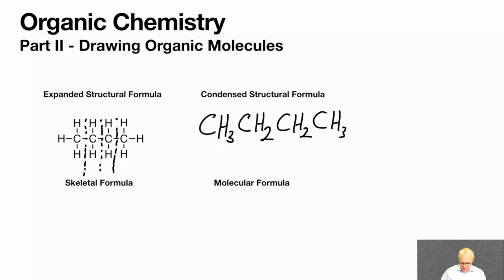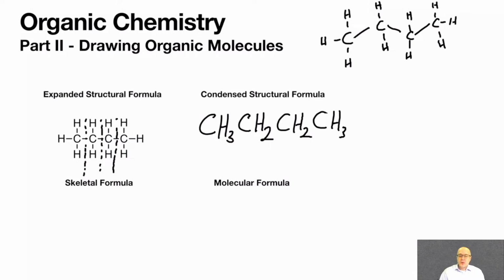Let me take us up to here on the slide so I can have a little bit of working space. Let me just redraw our parent molecule. I'm just going to draw it in a slightly different way. That's all. Slightly different. And there's a reason why I drew it in the zigzag pattern.